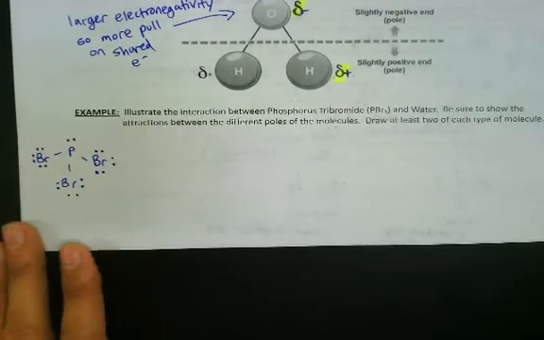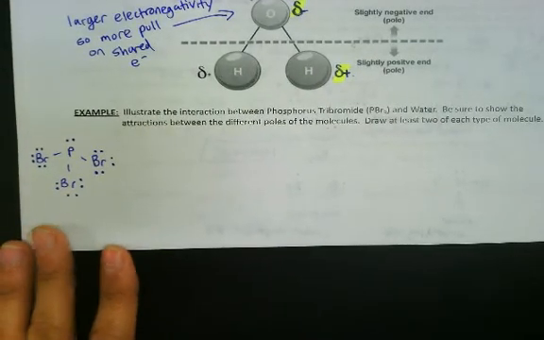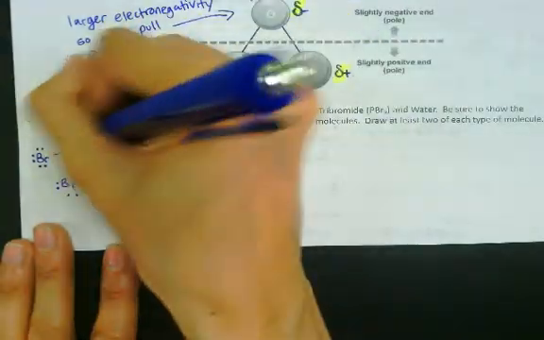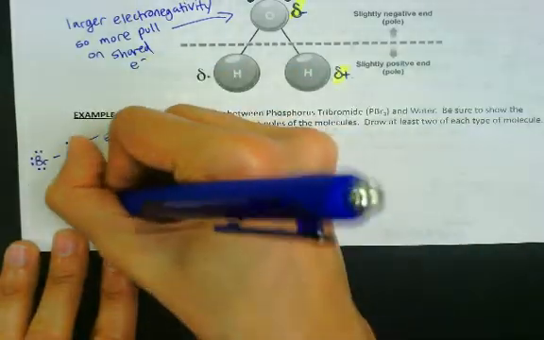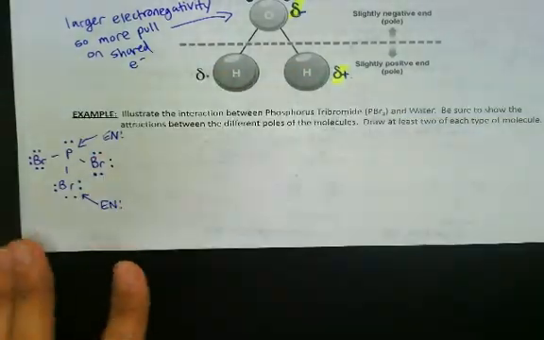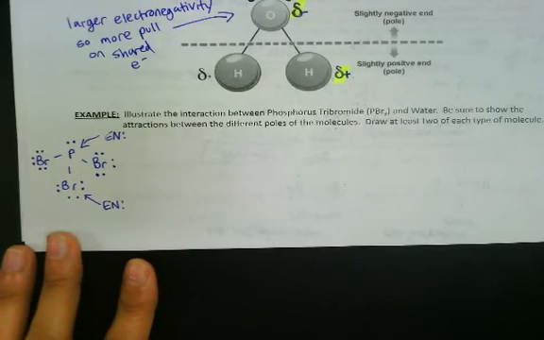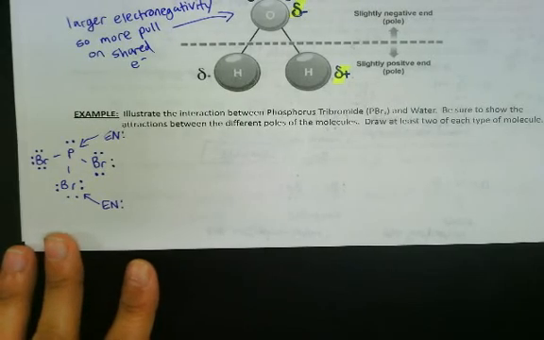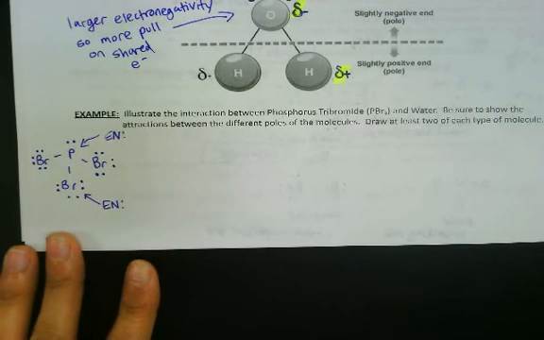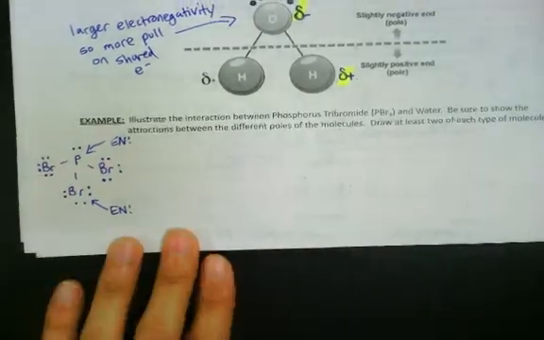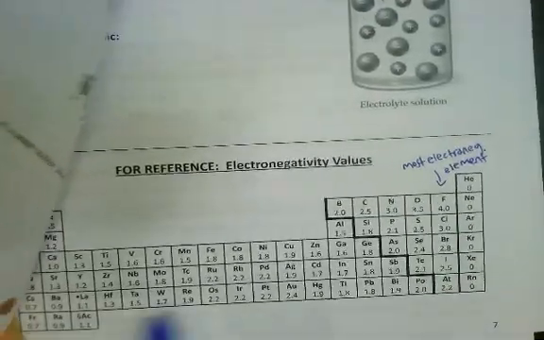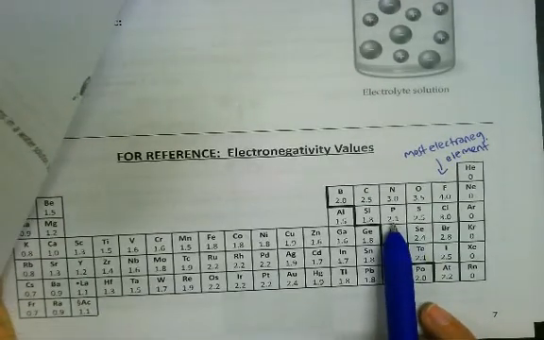Okay, there's our phosphorus tribromide. I'm going to go figure out the electronegativity value for phosphorus as well as the electronegativity value of bromine. The electronegativity value for phosphorus is 2.1.